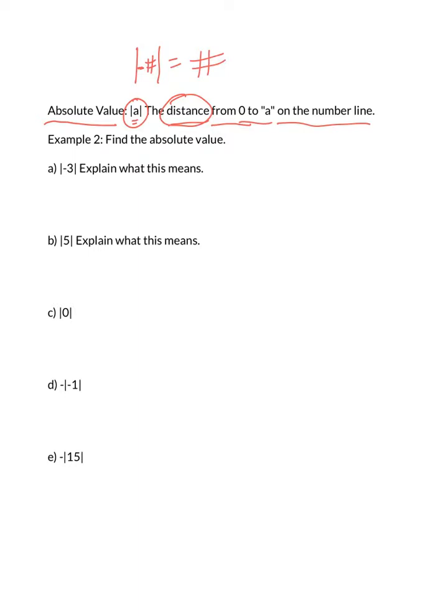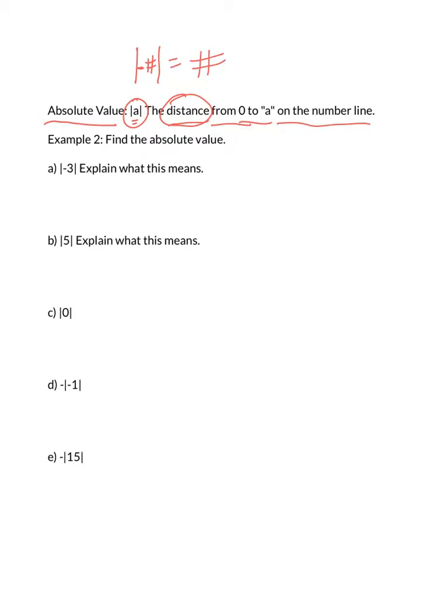So in mathematics, it's the distance from the number 0 to whatever that number is inside the absolute value bars on a number line. They do use absolute value to represent distance in physics as well. It also will give us speed in physics, so a little bit of a different distance than in mathematics, where it's the distance from the number 0 on a number line.